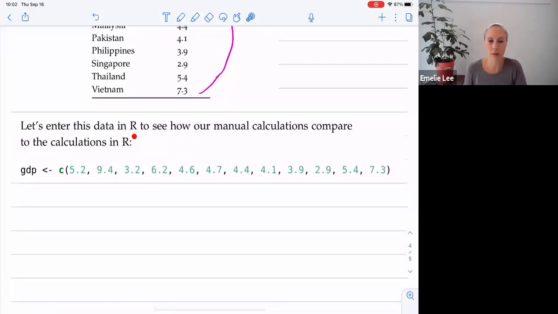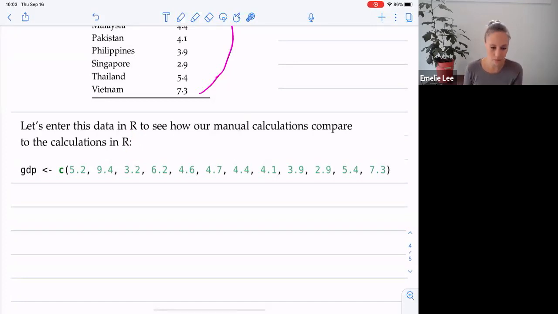I say R, but of course I'm working through RStudio. Maybe once we finish this chapter, I'll show you how to do these things in R. But I've got these here so you can play around with them.